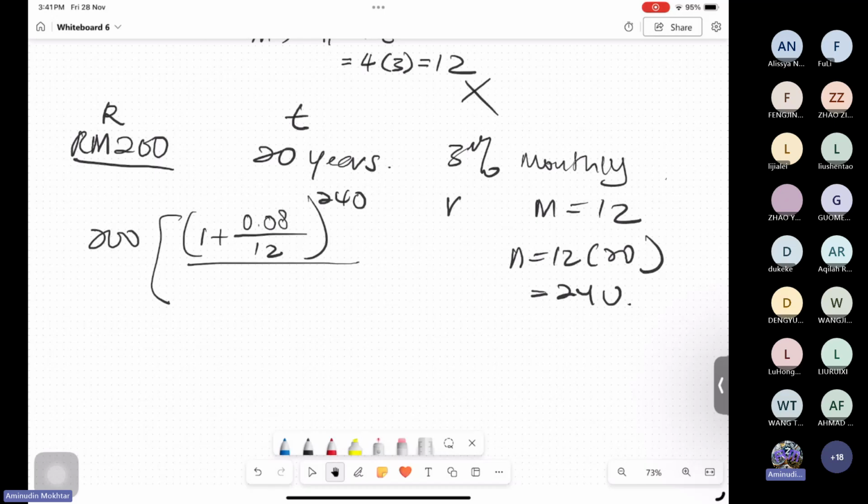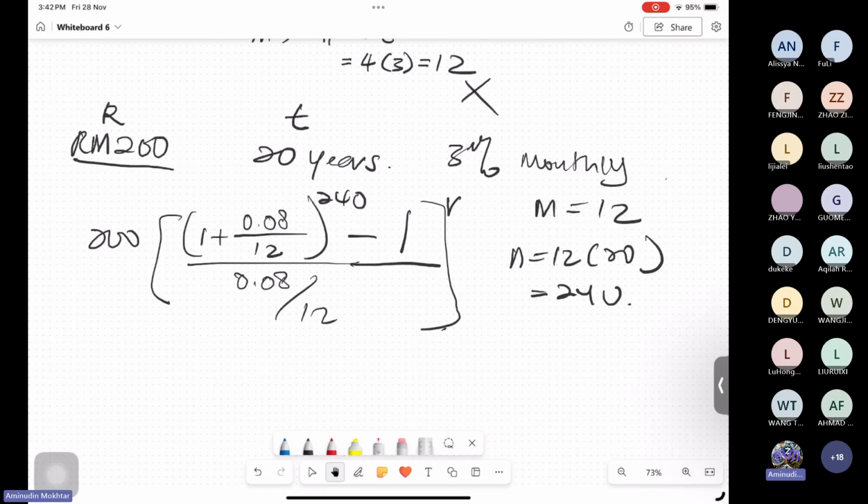The interest is calculated 240 times. Then minus 1, divided by the interest rate per period, which is 0.03 divided by 12.